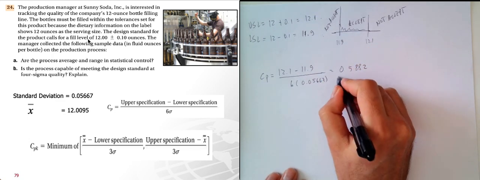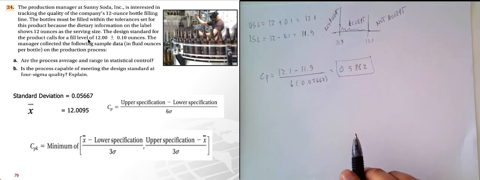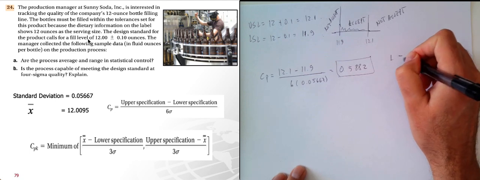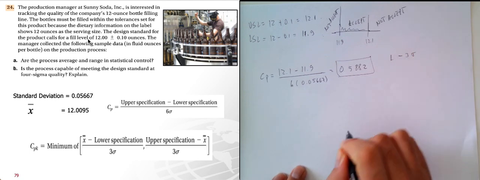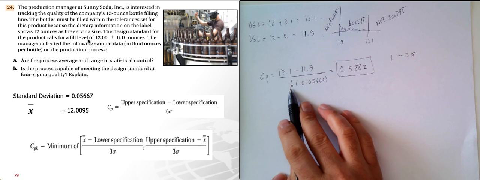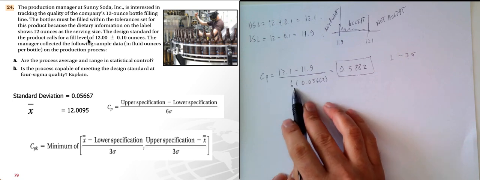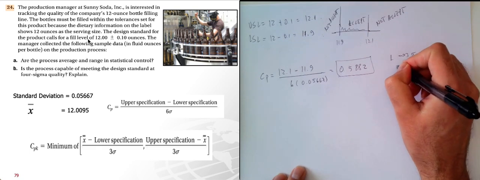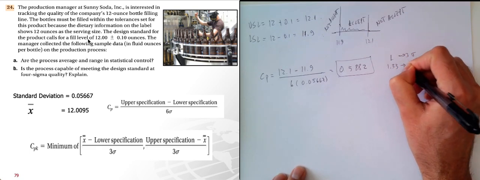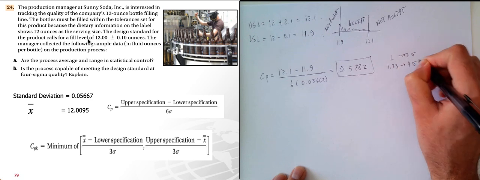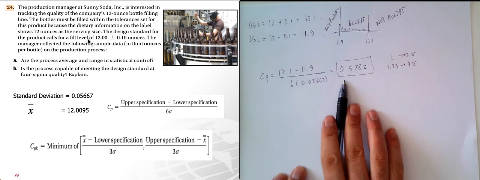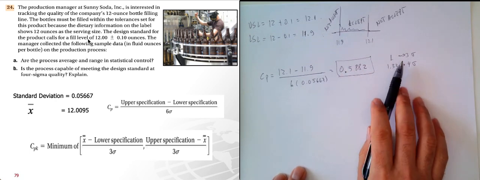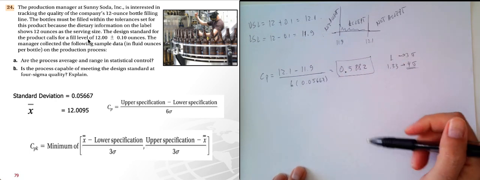If you guys remember from when we saw how to interpret the results, it has to be 1 to be exactly at 3 sigma level, because you're dividing by 6 times the standard deviation, so 3 one side and 3 the other side. It'd have to be 1.33 or higher to be a 4 sigma level, right? And ours is not even 1, so it's not capable of producing a 4 sigma level.